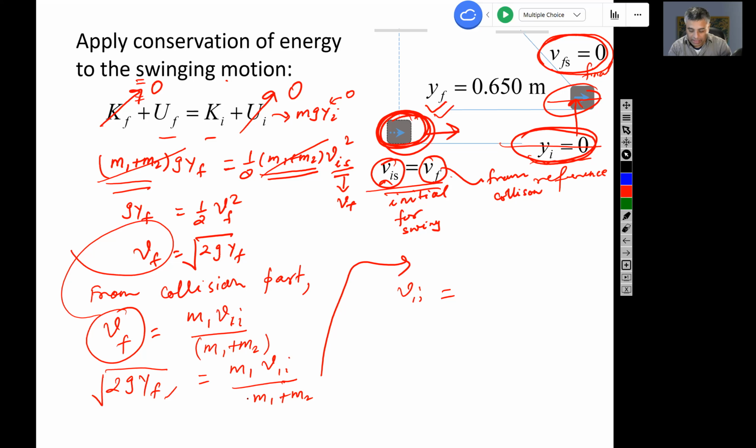With a little bit of rearrangement, this mass is going to go up there and multiply, and this mass is going to go down there and divide this whole thing, times the square root of 2 g yf. So that's going to be the answer. We know the masses, so you can use that and calculate the speed.